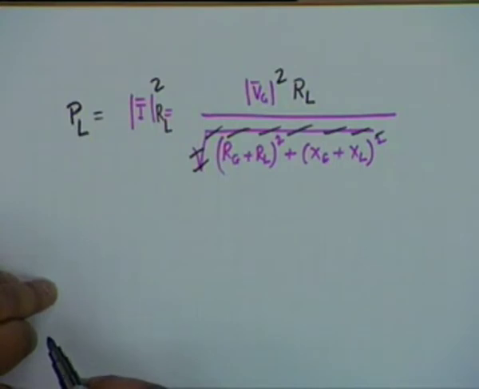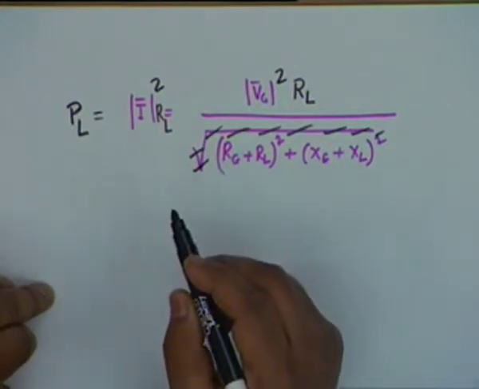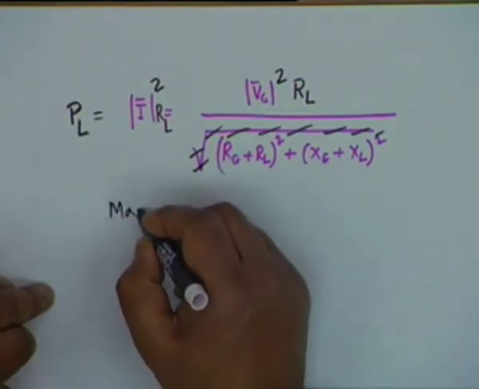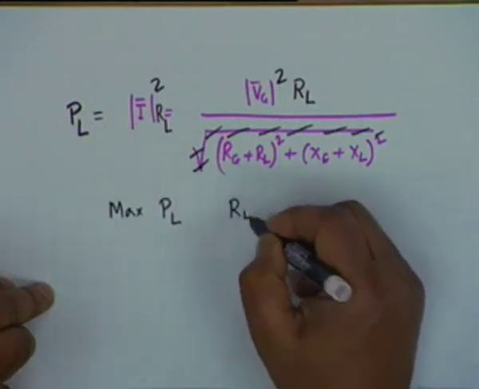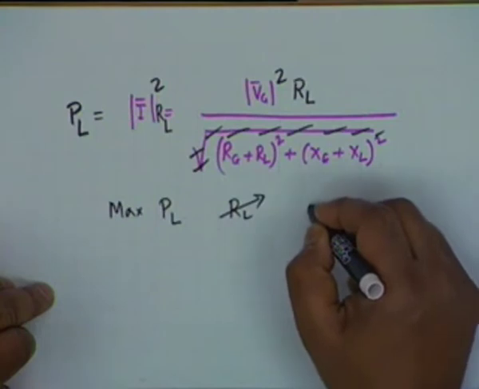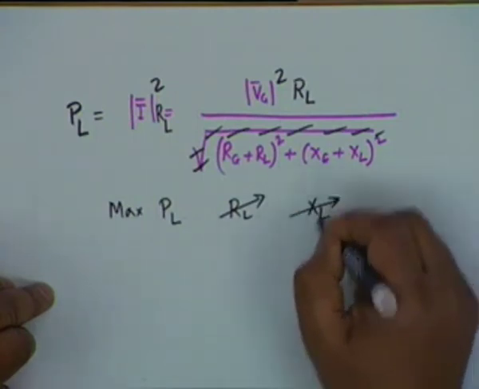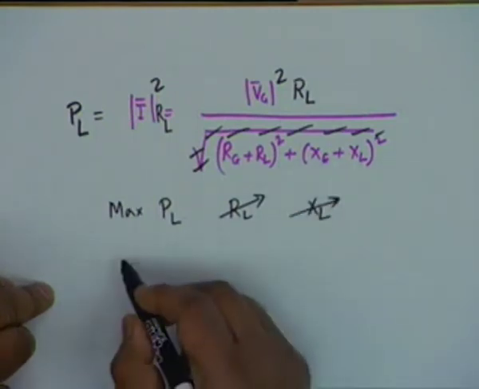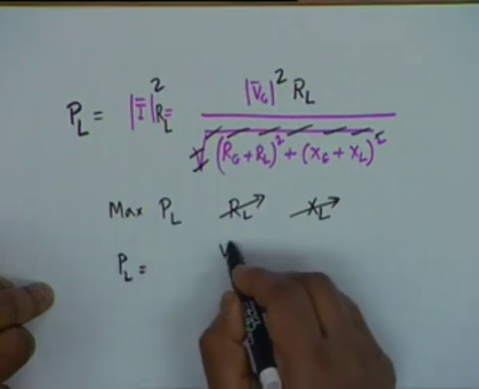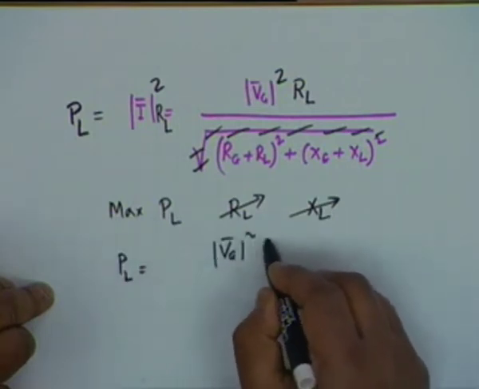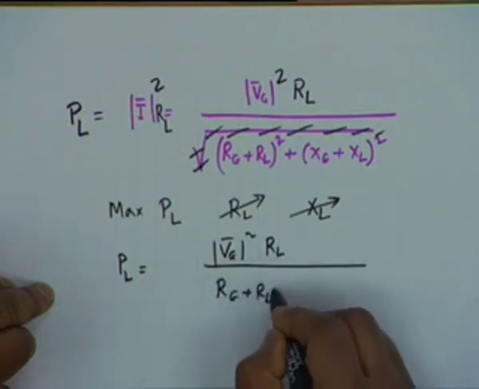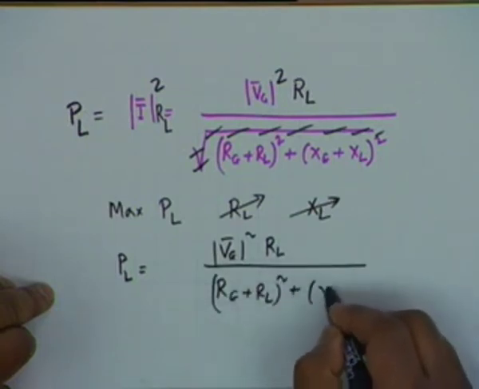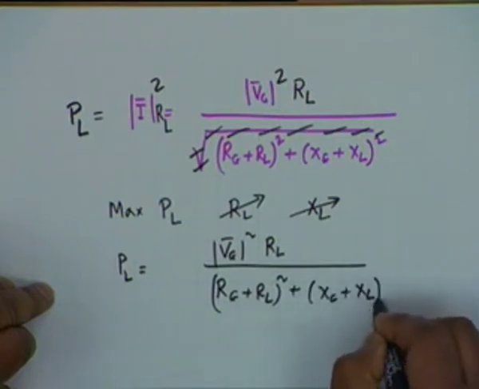We wish to maximize this power. The problem now is to maximize PL by varying the load, that is RL and XL. Let me write it down clearly: PL equals Vg squared RL divided by (Rg plus RL) whole squared plus (Xg plus XL) whole squared.